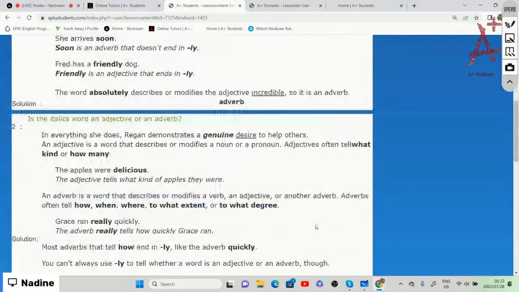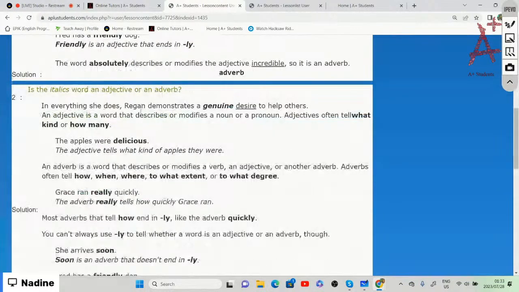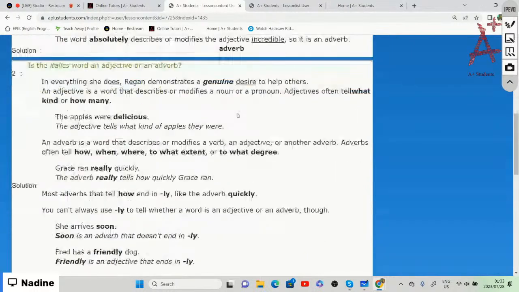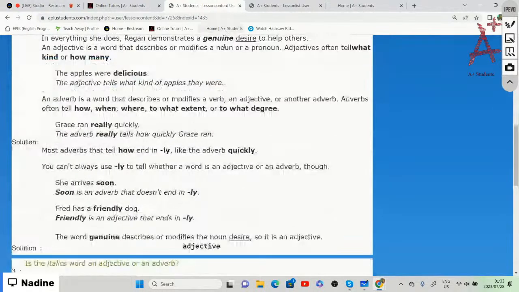All right, if we look at the next one: In everything she does, Regan demonstrates a genuine desire to help others. Genuine is the word, right? We need to say whether that word is either an adjective or an adverb. The word genuine describes or modifies a noun, and we call that an adjective.